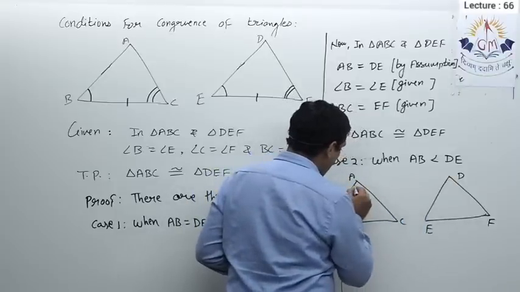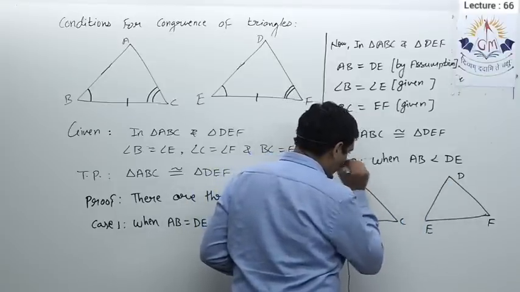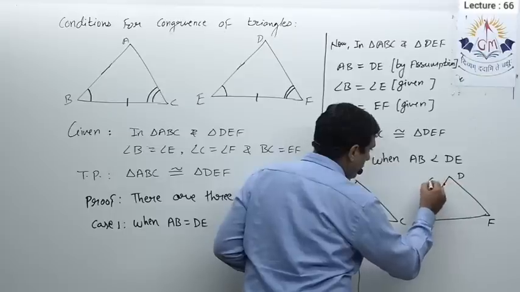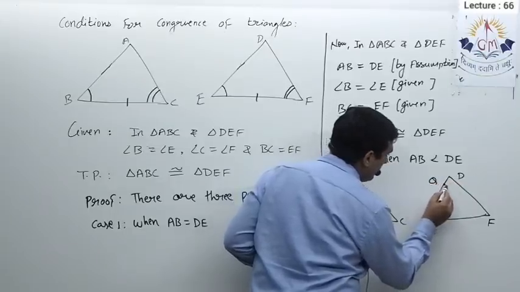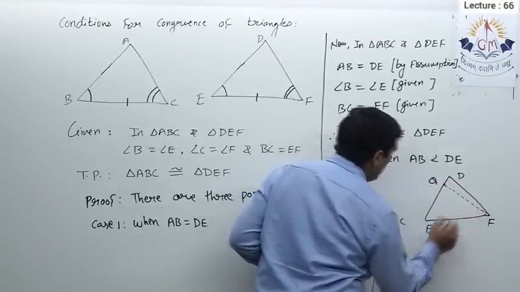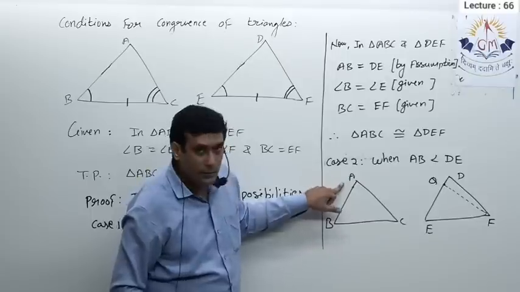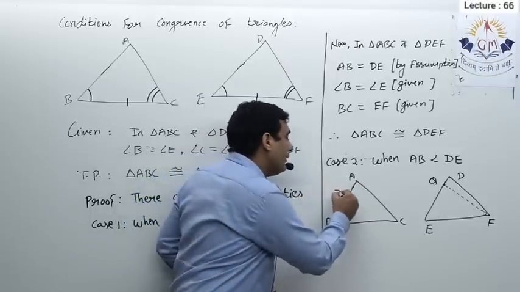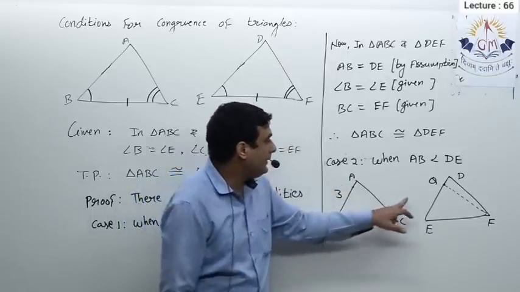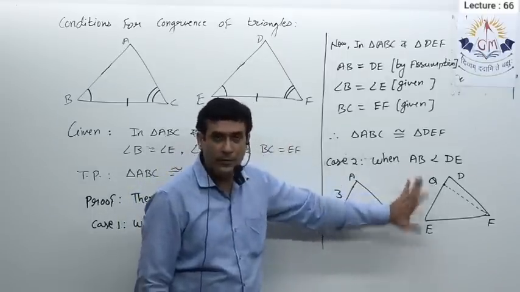So if I take a point Q on DE such that, see, here it is given AB is smaller than DE. For a while suppose AB is 3 cm, and DE is greater, suppose it is 5 cm.